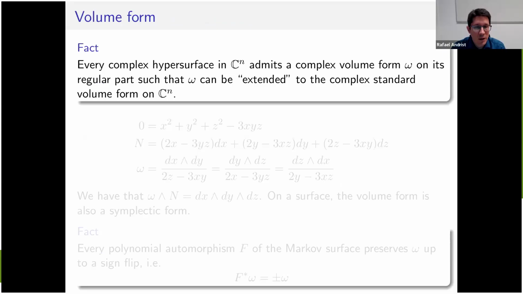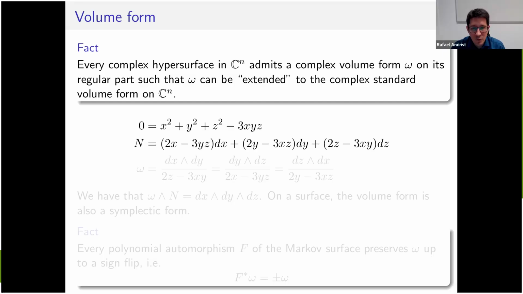Now, okay, there's one more thing. If you have a complex hypersurface, then it always admits a complex volume form in such a way that it can be extended to the standard volume form in the ambient space. What do I mean by extended? Well, I just illustrated here in this example. This is our Markov surface.